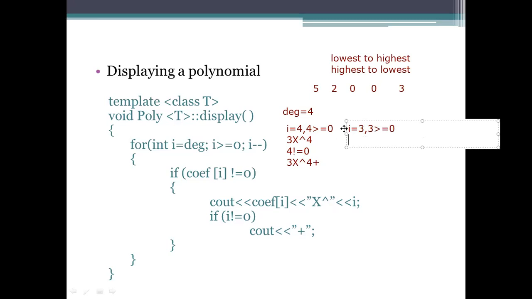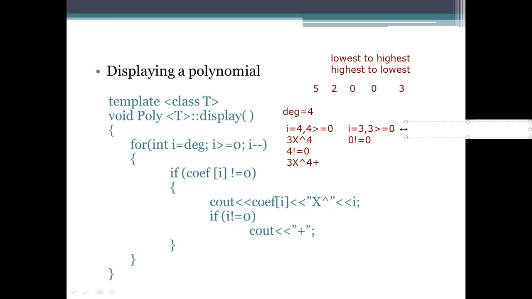So what is the coefficient of i, that is 3? It is specified as 0. 0 is not equals to 0, so the condition fails and we won't execute this one. Why are we not executing this?